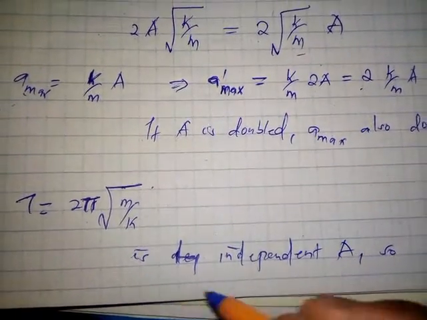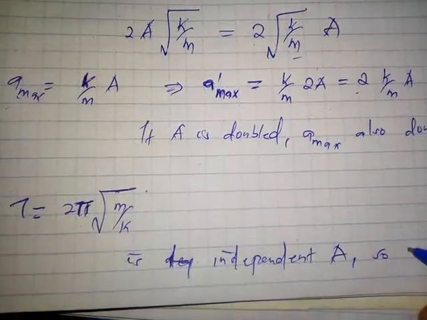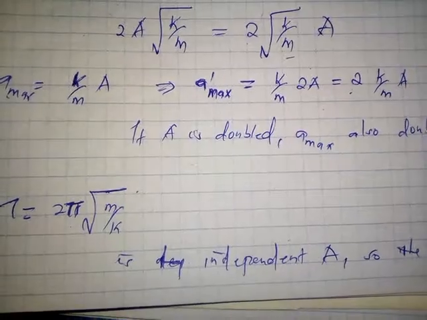So the period T is independent of A, so the period is unchanged.